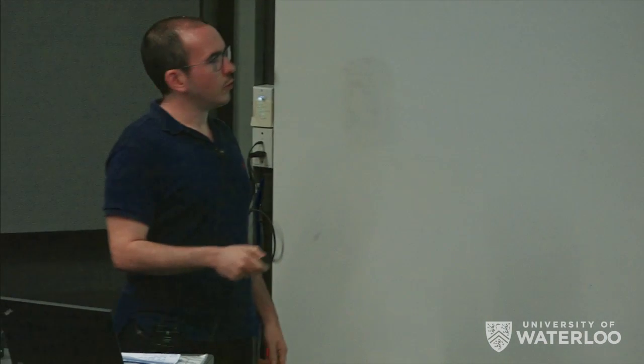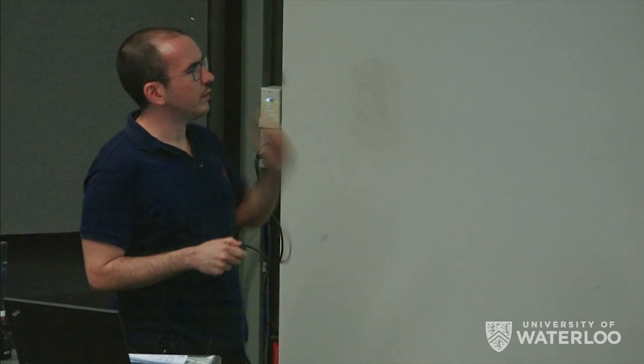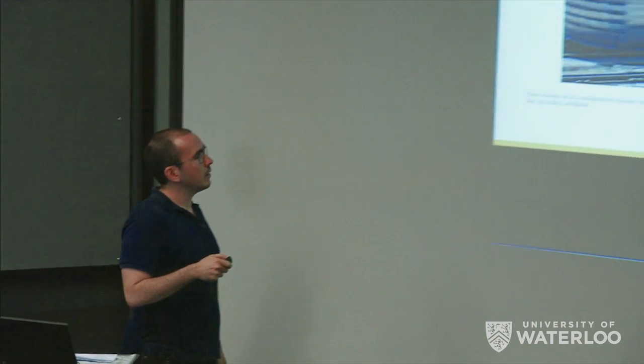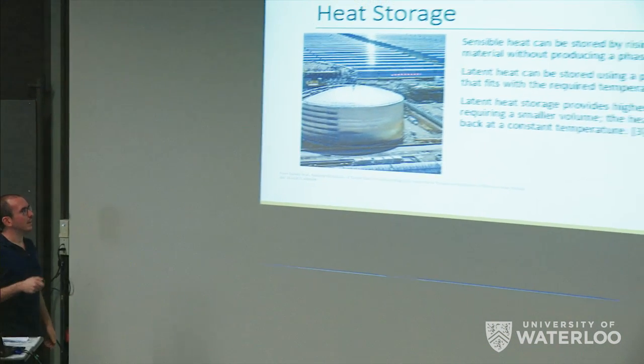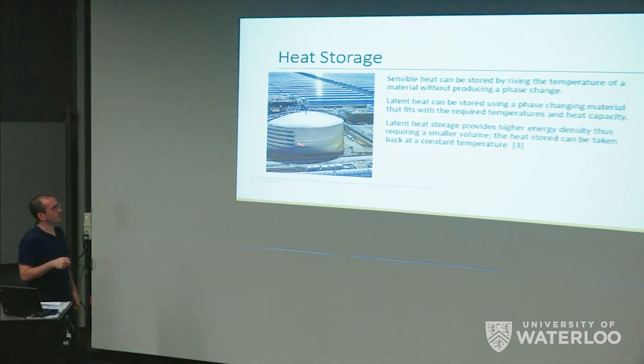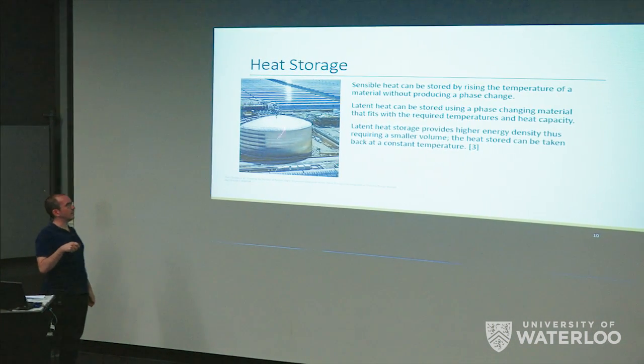In the case of sensible heat, what I'm showing you here is one of the tanks used in Solana, a parabolic solar power plant in the US. The sun hits these devices and they heat up a special oil. Then the oil is used to heat molten salts that are in these tanks.